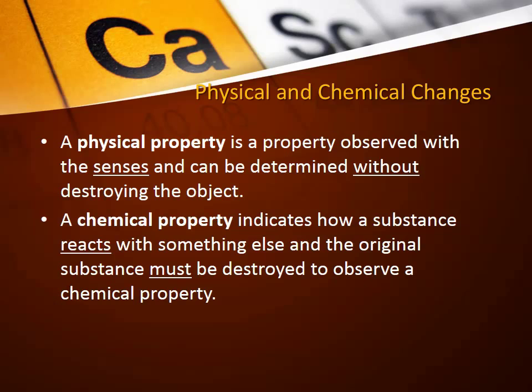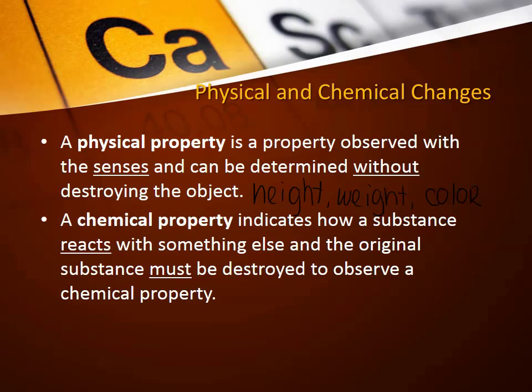A physical property is a property that can be observed with the senses and can be determined without destroying the object. For example, height or weight or color. You can see these things, you can determine these things without damaging the substance.